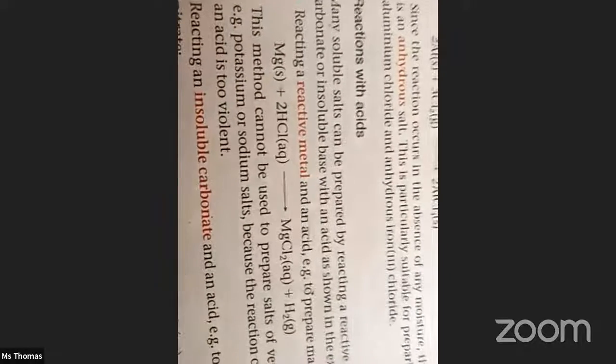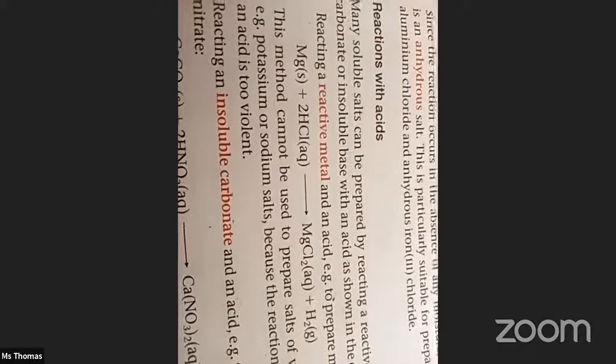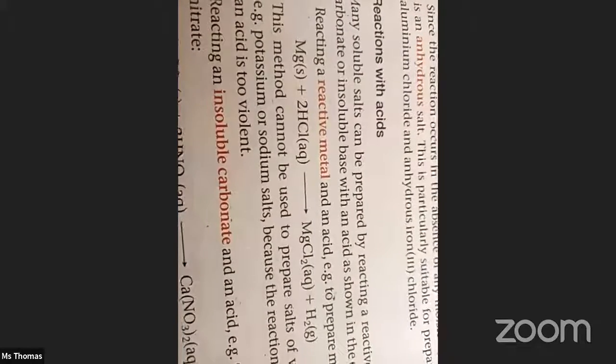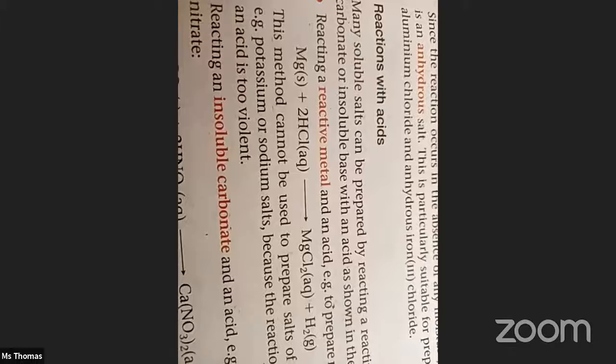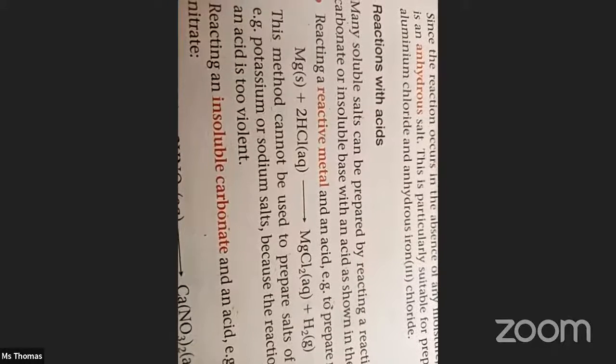Now, why is it that you cannot use this method to prepare potassium, sodium, or ammonium salts? The reason is because those metals are too high in the reactivity series. So remember that for potassium and sodium, when you react it with even water, what happens?